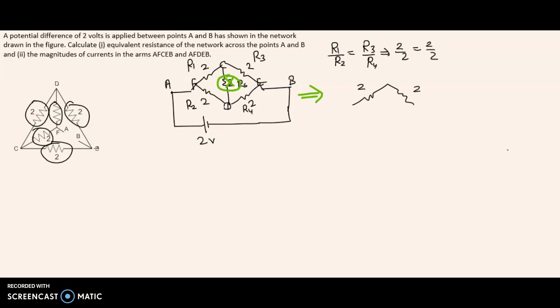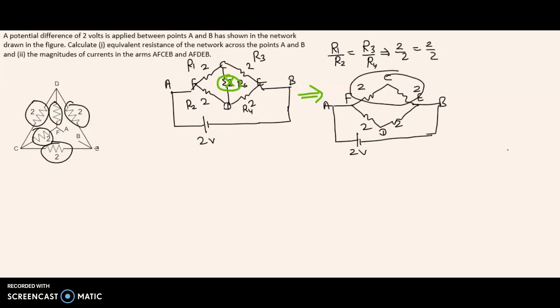2 ohm resistor C and 2 ohm resistor D and F and E, with A and B at a 2 volt potential difference. Here we can see 2 ohm and 2 ohm resistors in series combination.